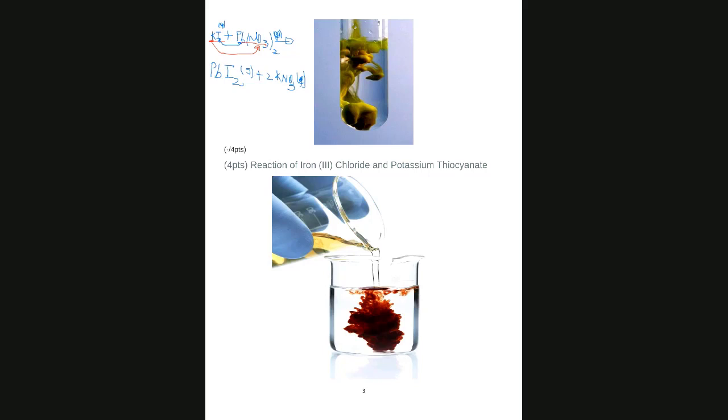In this reaction, you are mixing an aqueous solution of iron chloride, which is clear yellow, this one here, iron chloride. So you are mixing a clear yellow solution with a colorless solution.